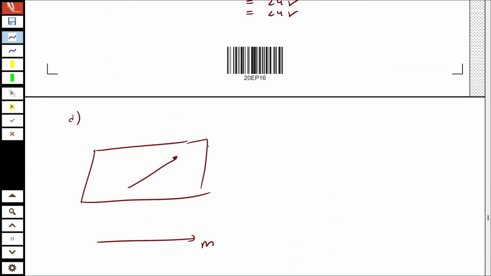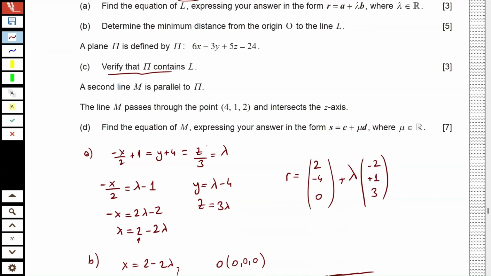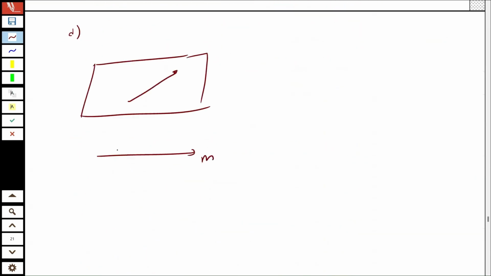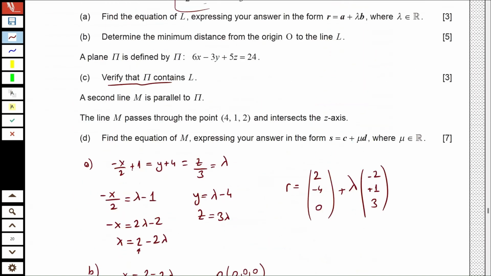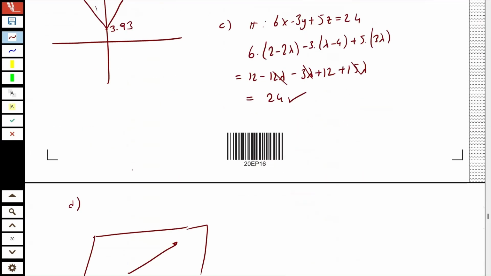This is M, and we know the point on M, (4, 1, 2), and it also passes through the z-axis.